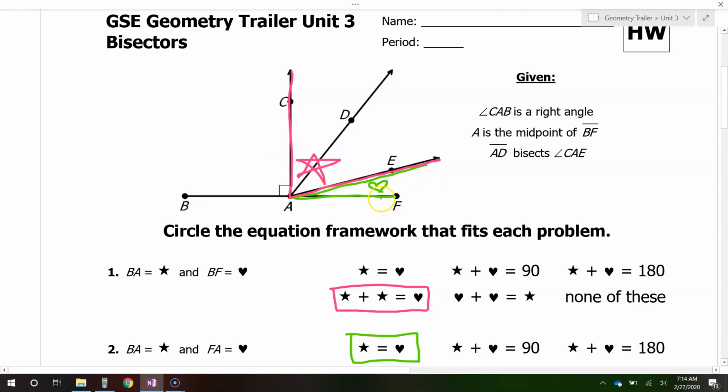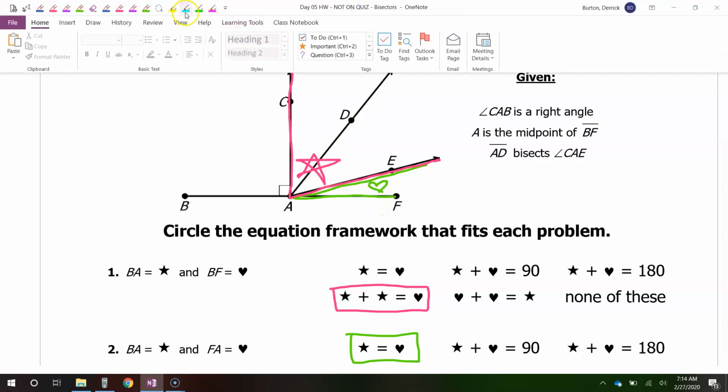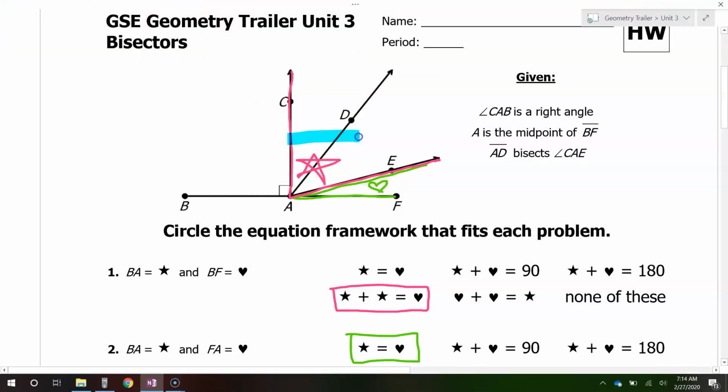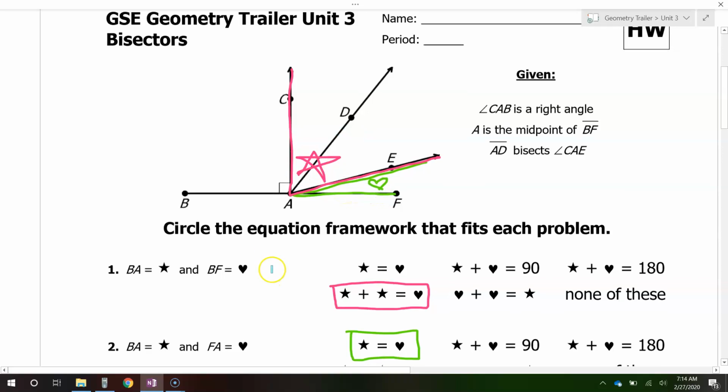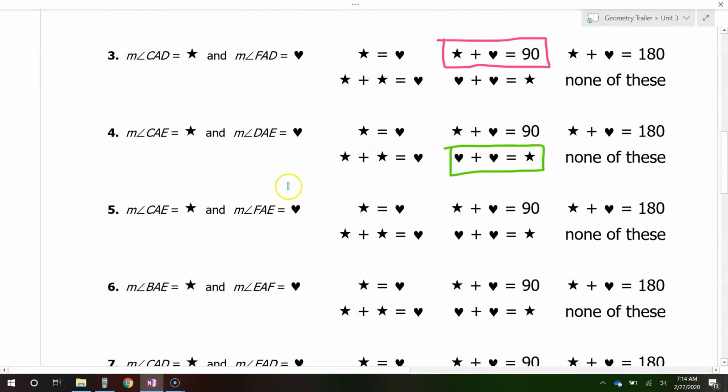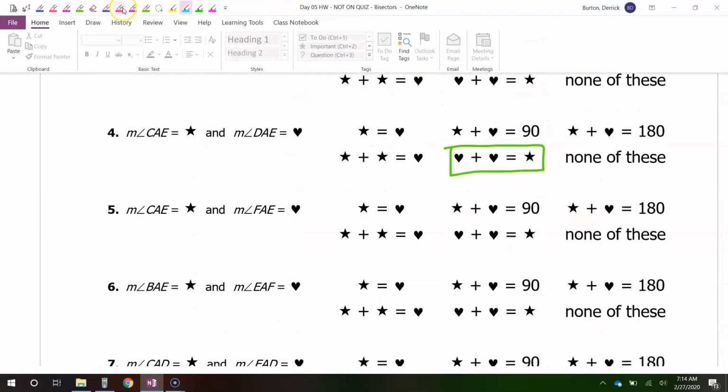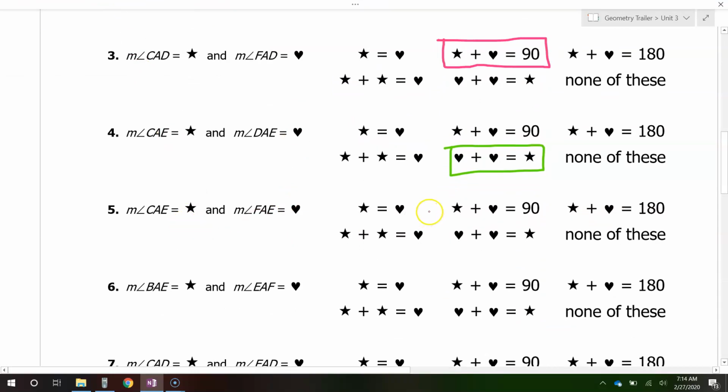The star is obviously bigger than the heart, but don't forget that this is a 90-degree angle right here. So that means that these two add up to 90 degrees. So star plus heart equals 90. Okay, so there you go.